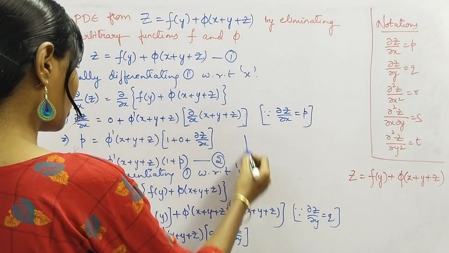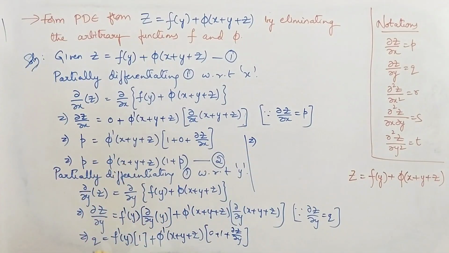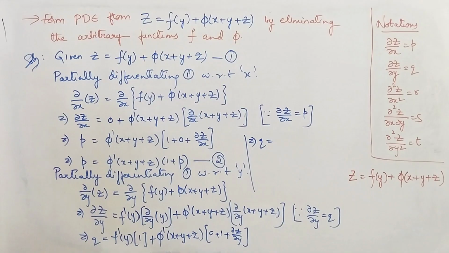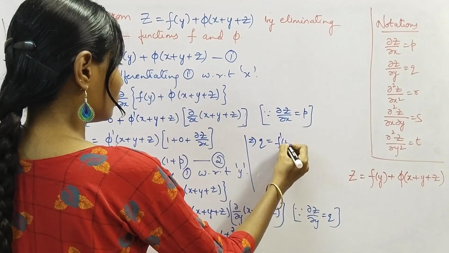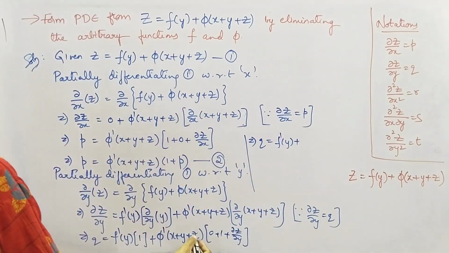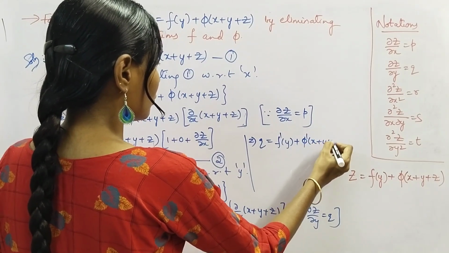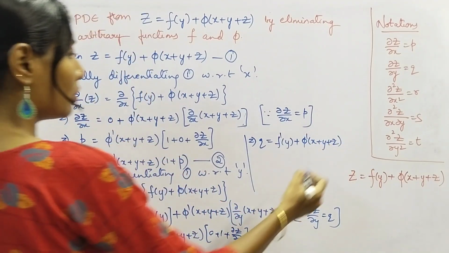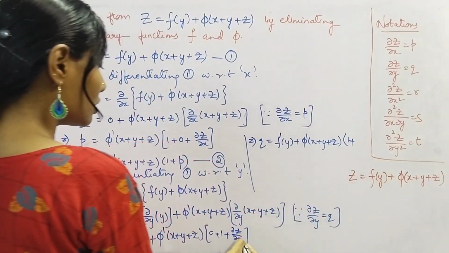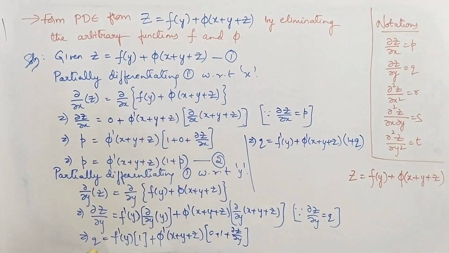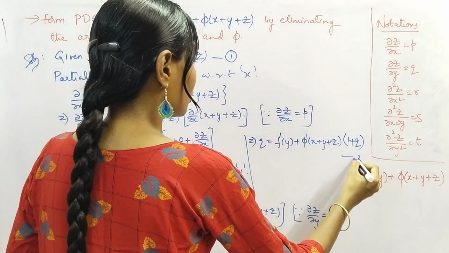So this gives us q equal to f dash of y into 1 is f dash of y plus phi dash of x plus y plus z into 1 plus q. Okay, and consider it as equation number 3.